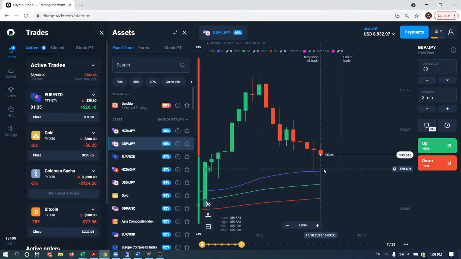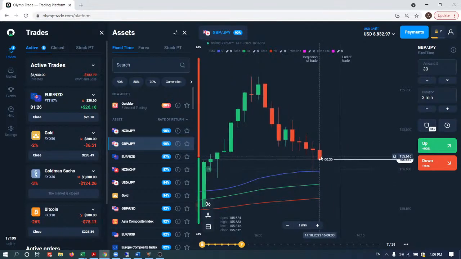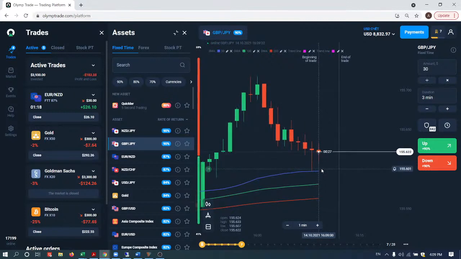What I'm expecting from the chart is that the price will go down and reach this price, and when the current quote actually reaches my pending order, that's when my pending order will convert into a trade.